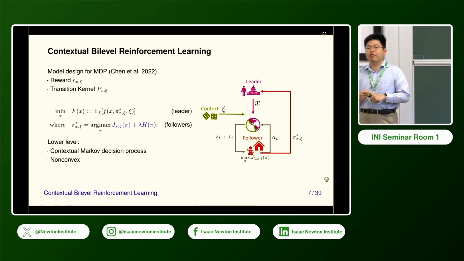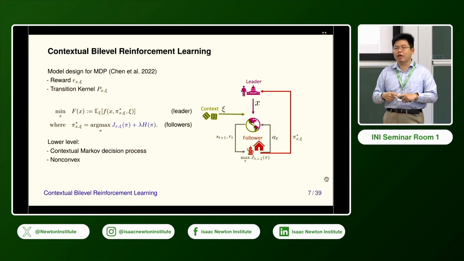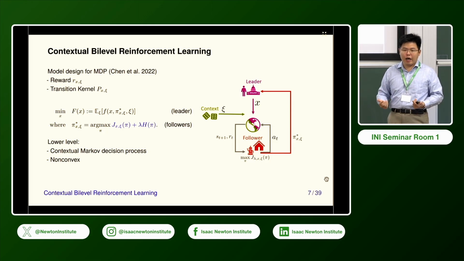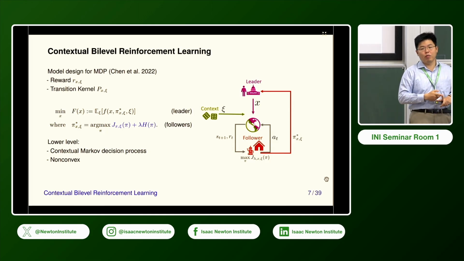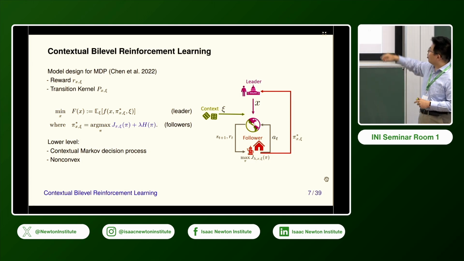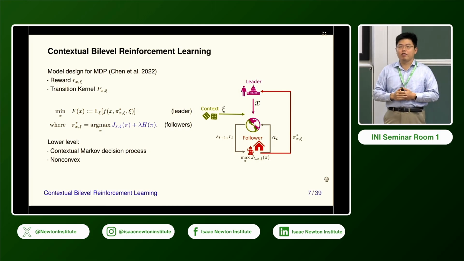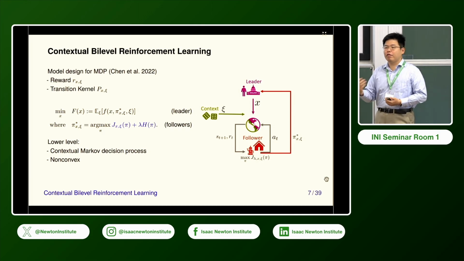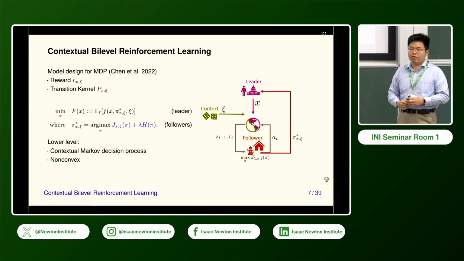Particularly, we are considering a parameterization regime, meaning that we design an environment parameterized by a parameter x. This x can parameterize your reward, and can also parameterize your transition kernel. In addition, we also have this context here. This context, as demonstrated earlier, can be some side information, because when you solve a reinforcement learning problem, there might be side information that influences the environment.